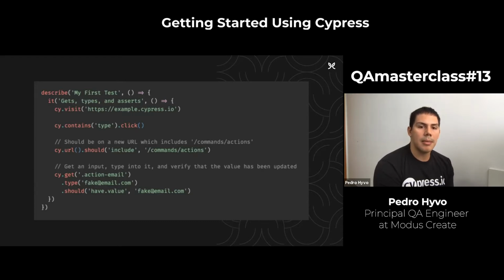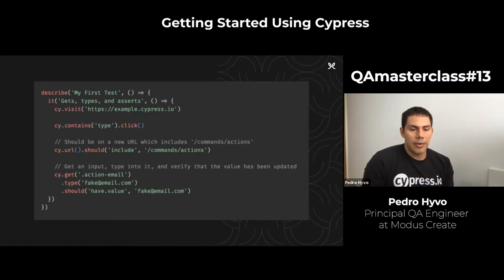For this example, we are using cy.visit to visit the Cypress example. After that, we check if it contains the text type. After verifying that, we click on that text, and we should be redirected to the command actions page.